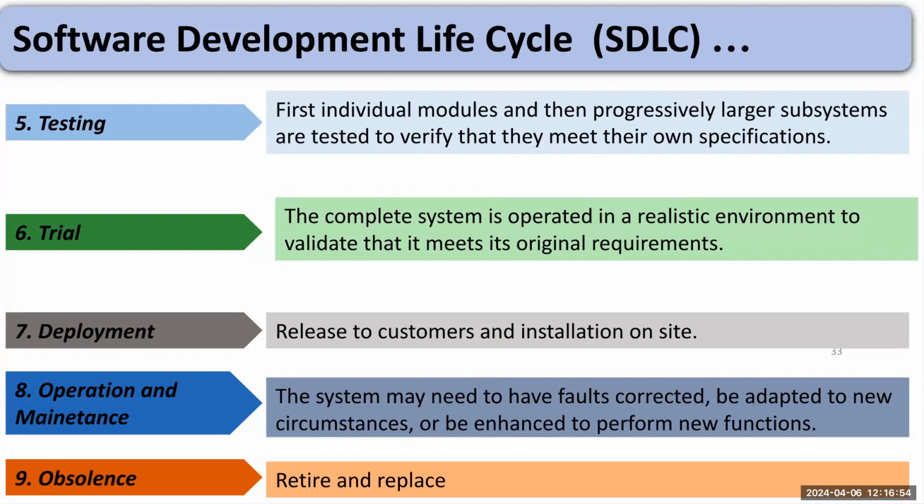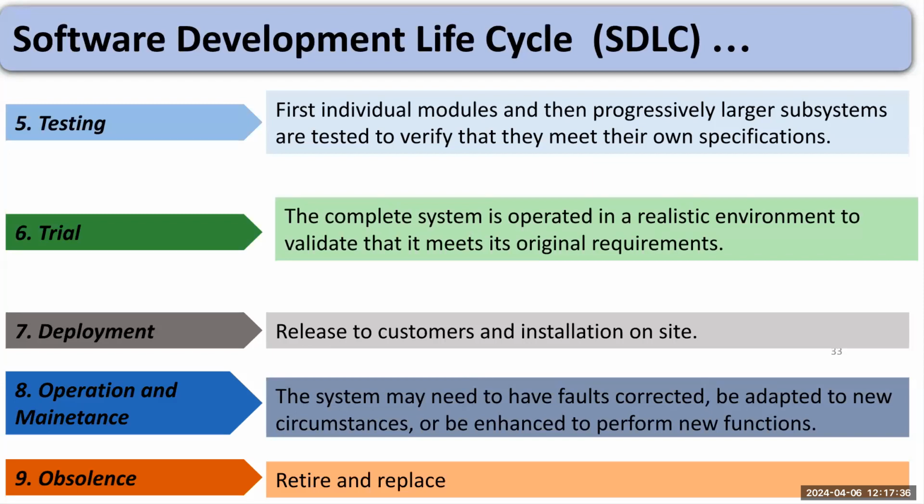Black box testing is just inputting the data and checking whether the outputs are correct or not, without considering what happens inside the box. White box testing checks each piece of code, what happens inside the code. These are white box and black box testing.